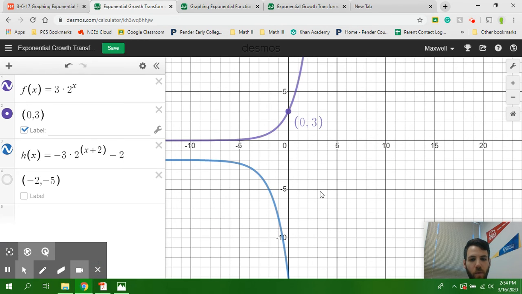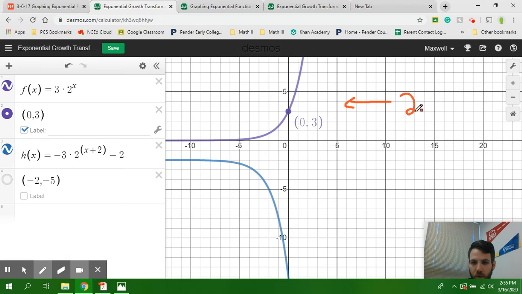So if we think it in the same order we did last time, we would think about going right, left, up, down. So if we look at the plus 2 here, that means it's going to go left 2. And we're going to go down 2 based on that 2 on the end here.